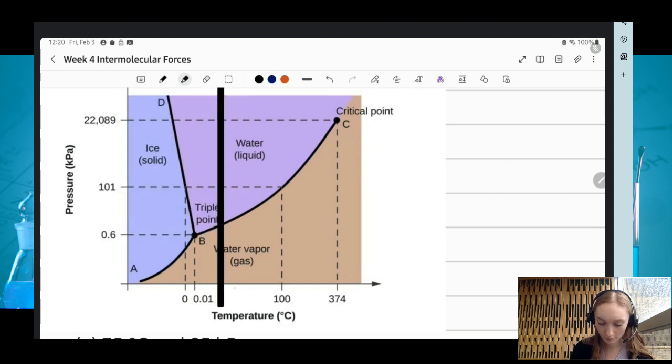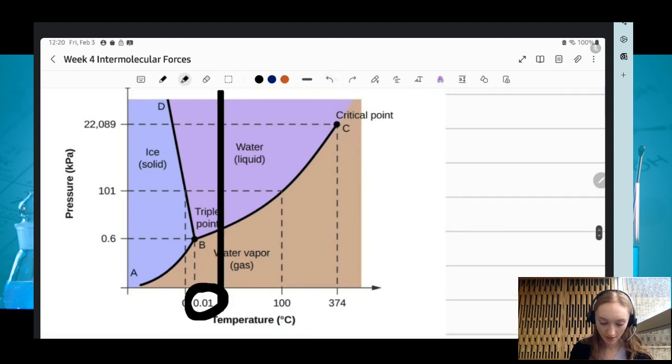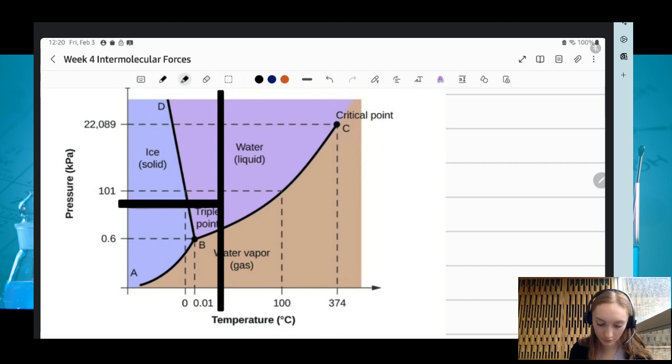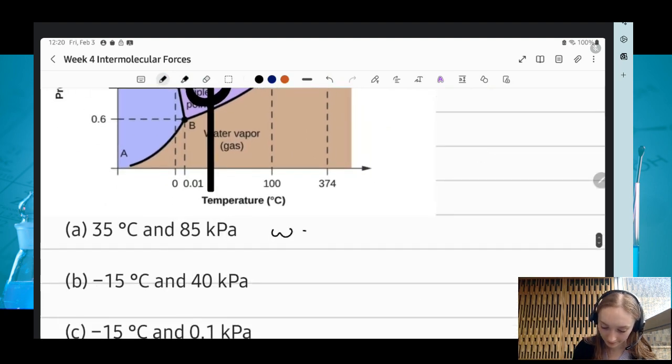This is 0.01 and this is 100, so it's just a third in between those two. And then at 85 kilopascals, it would be somewhere along here, maybe right below the 101 part. So matching those two up, it would be at the water phase. So this would be water.